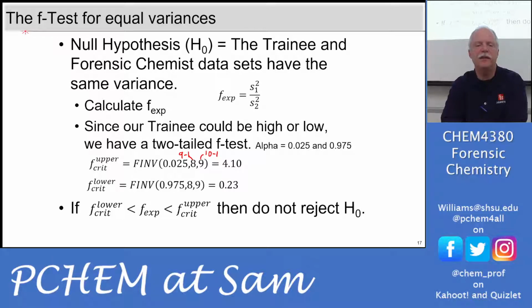And so here's our test. That experimental value, if it falls within the lower and upper F critical values, then do not reject H0. If it's greater than the upper or lower than the lower, then you reject the null hypothesis.